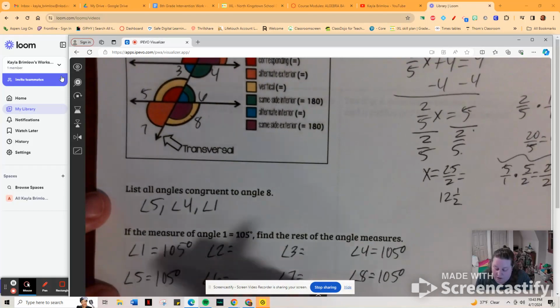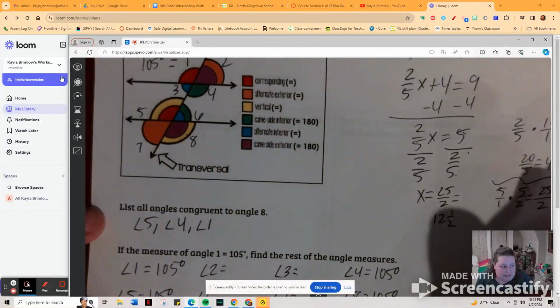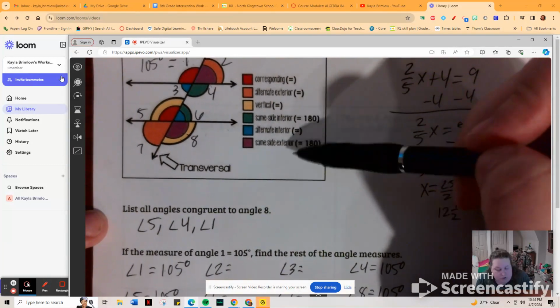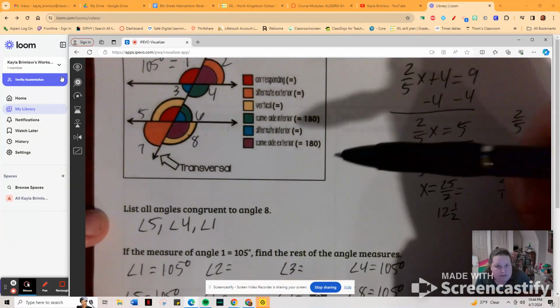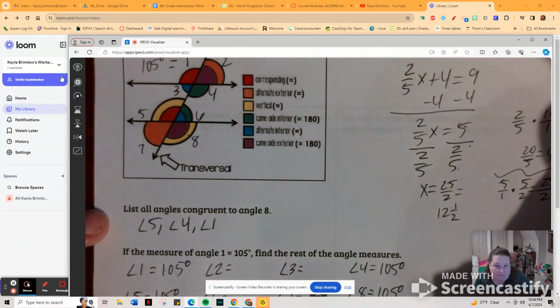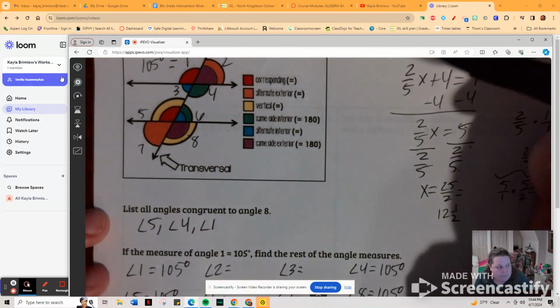So going back to what I said before and taking a look at these definitions, all of these angle pairs are either congruent, which is what we saw in these first 4 angles, or they are supplementary, meaning they add up to equal 180 degrees.